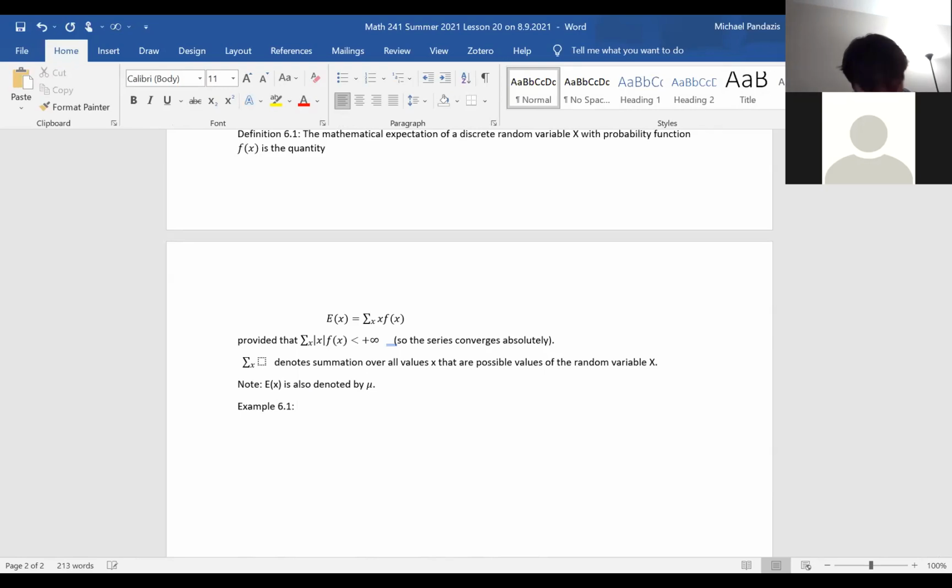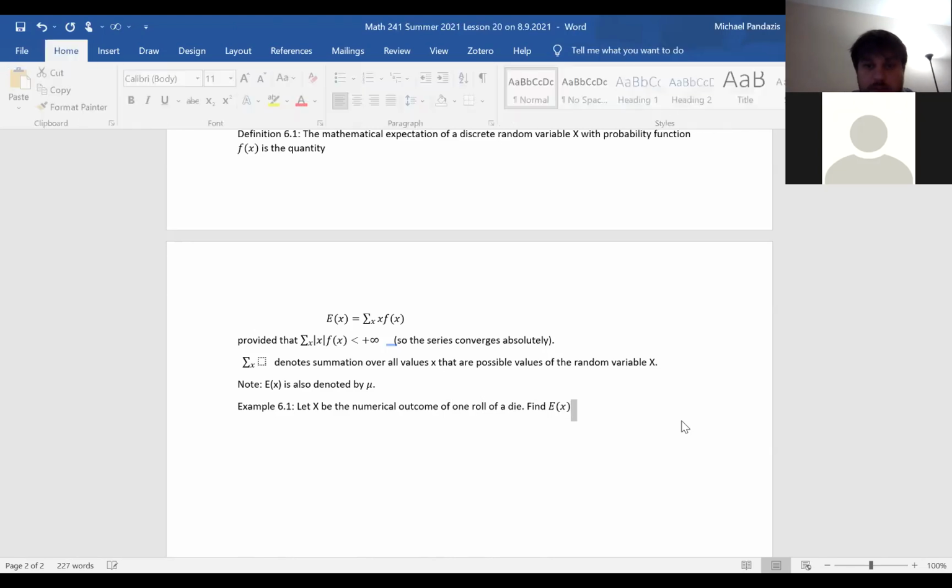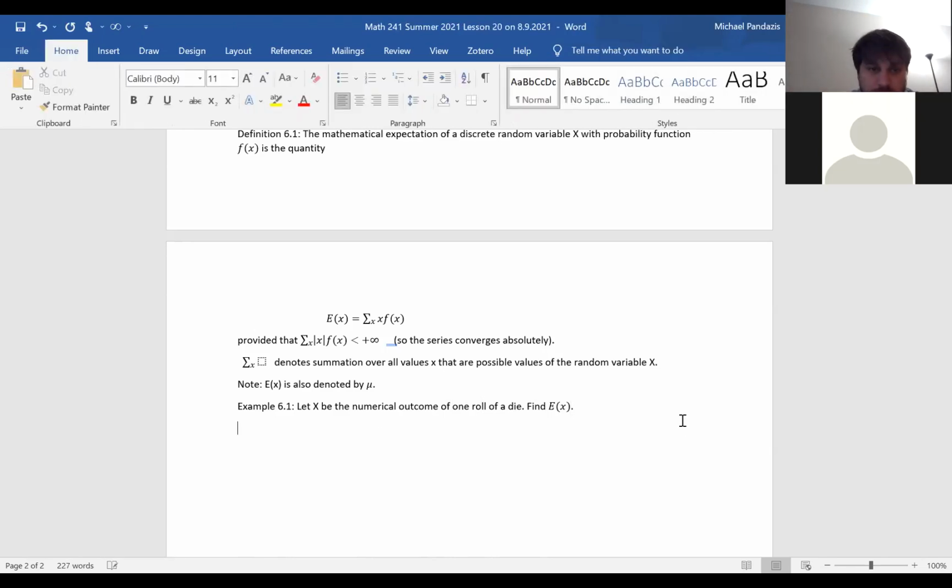Example 6.1, let capital X be the numerical outcome of one roll of a die. Find E of X. Okay, so solution, the possible values of capital X are the numerical outcomes of one roll of a die, so the possible values of X are 1, 2, 3, 4, 5, or 6.